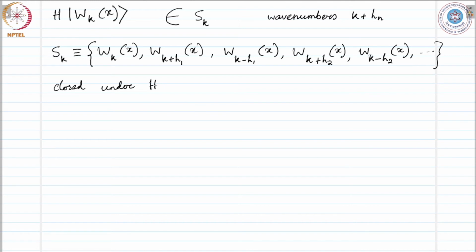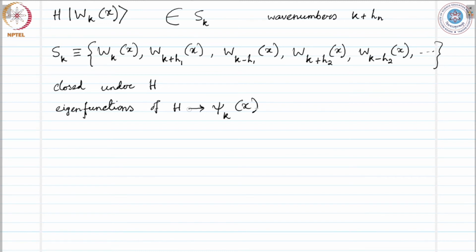So diagonalization of the Hamiltonian operator within the given subspace Sk provides rigorous eigenfunctions of the Hamiltonian operator, and we can label the eigenfunctions of the Hamiltonian operator as psi k x.